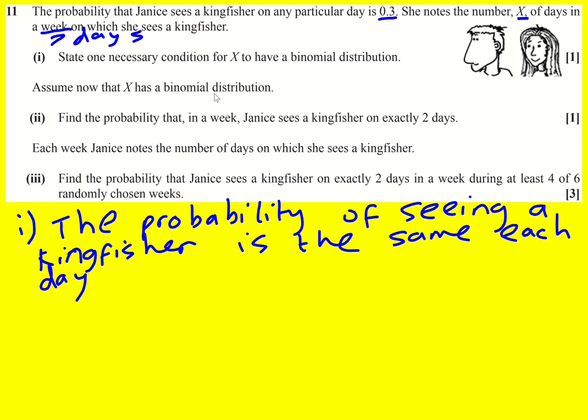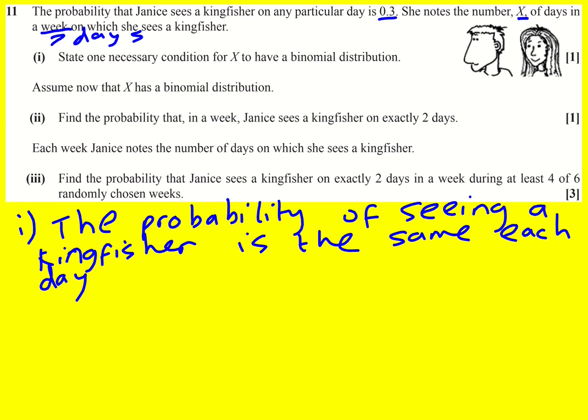Now, I know it says that on any particular day it is 0.3, but that's kind of an average taken over time, over months, and that is what it is, typically 30%, because it might vary from winter to summer, for example. So in our binomial distribution, we have to always have it be the same.